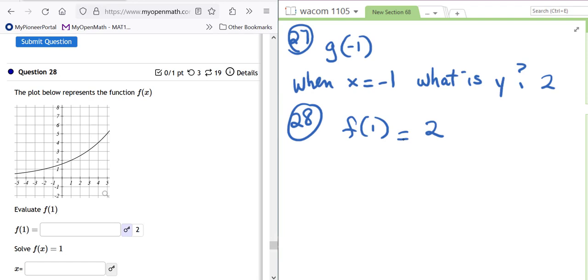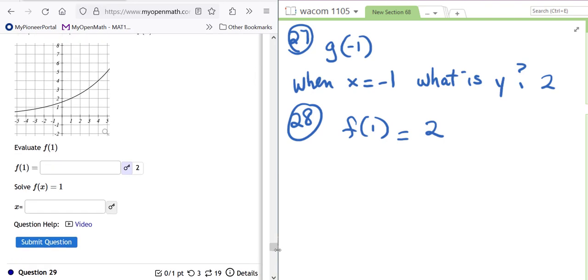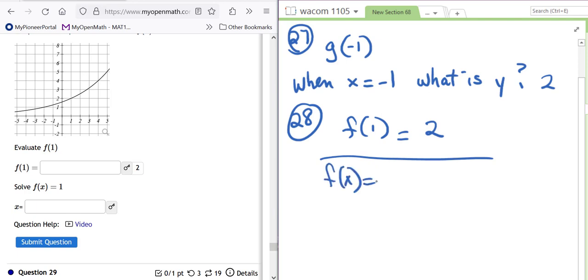Right, and this says solve. This time they're giving us f of x equals 1, so they're telling us y equals 1. So part 2 of that, f of x, which is the same as y, equals 1. So what is the x? So just a backwards question.